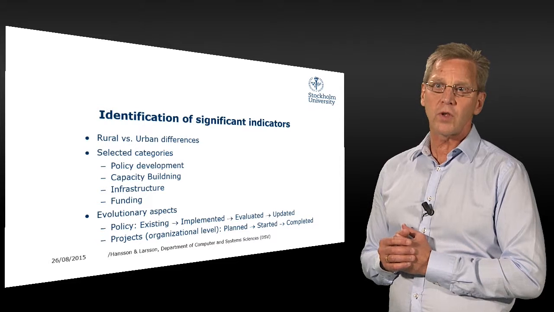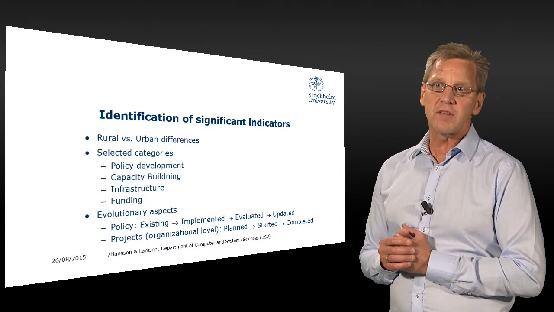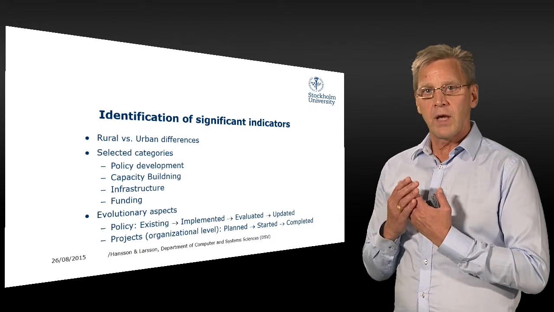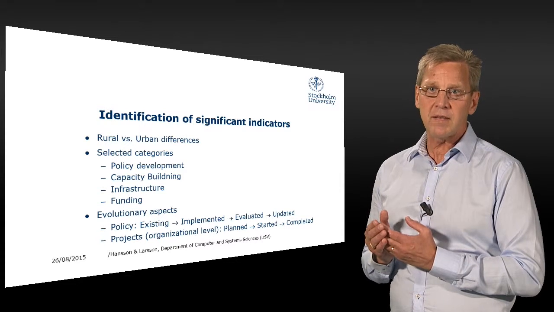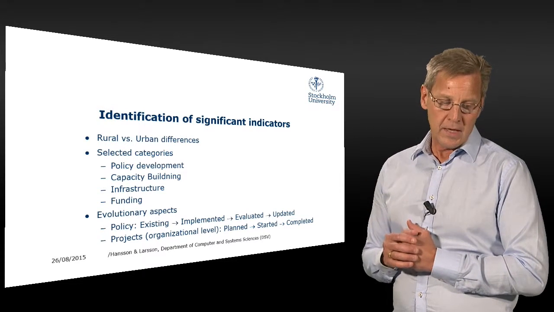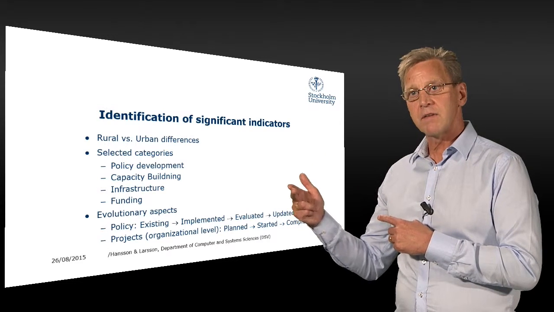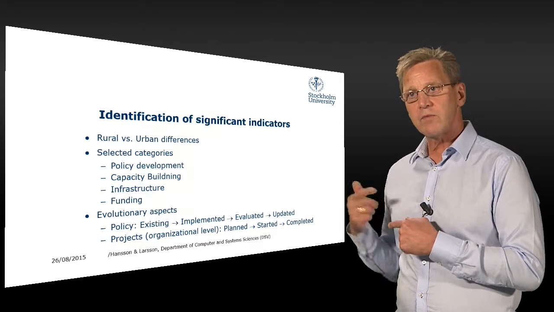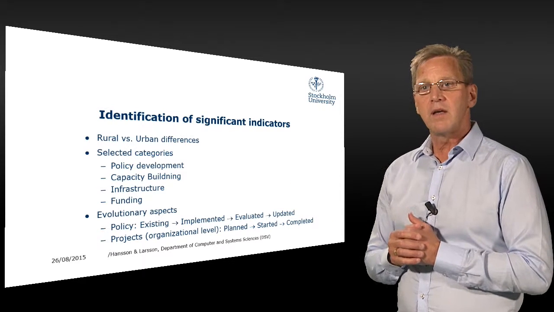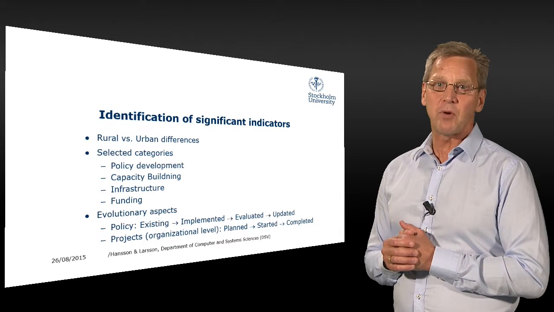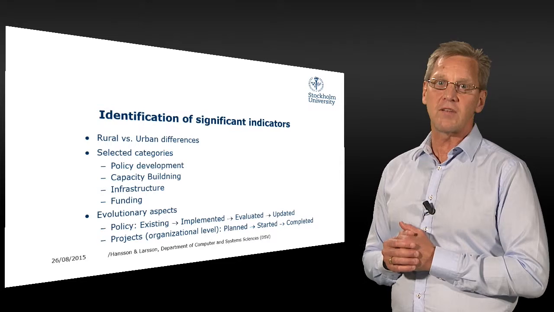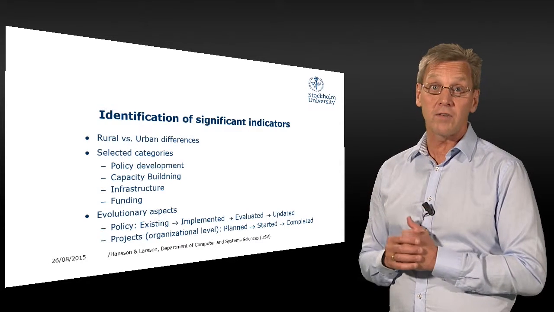The first one was at policy level, for a policy actually existing, to being implemented, to being evaluated, and to being revised. So we want to assess where in the evolutionary process a policy for ICT in education actually is in your country.